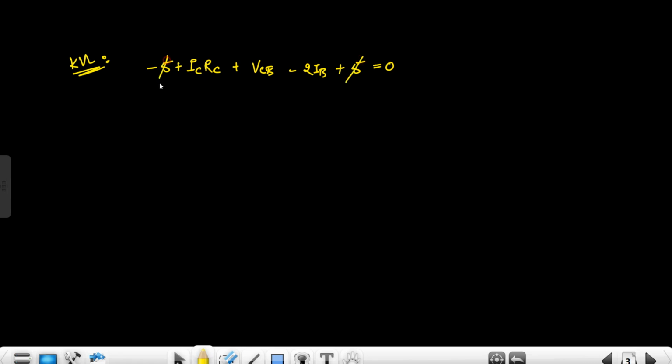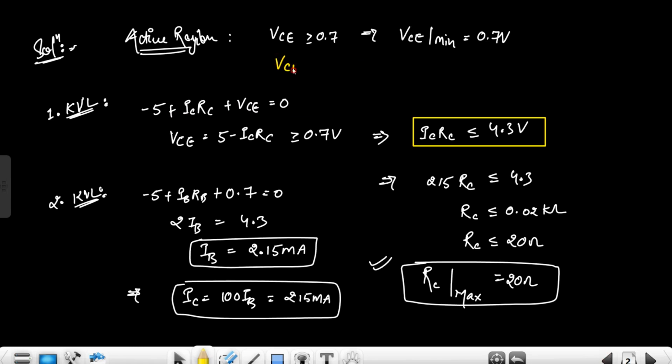So this simply cancels out, and here VCB should be equal to 2IB minus ICRC, and the condition of VCB is that it should be greater than or equal to 0 volt for the active region.